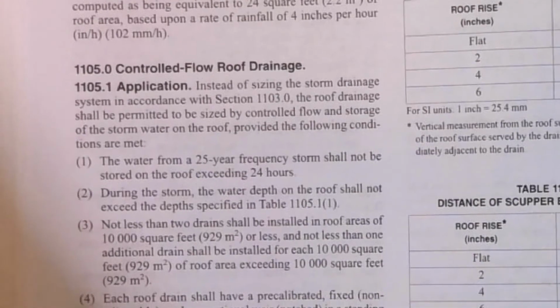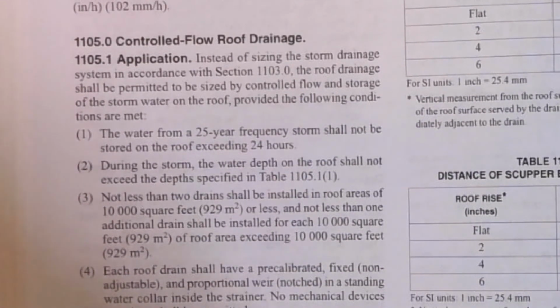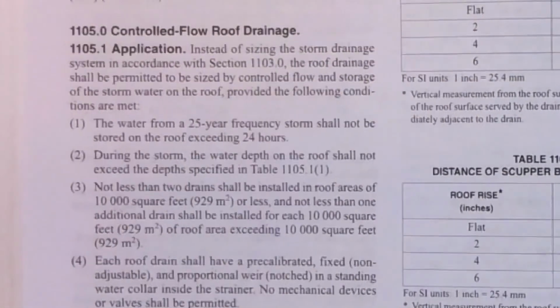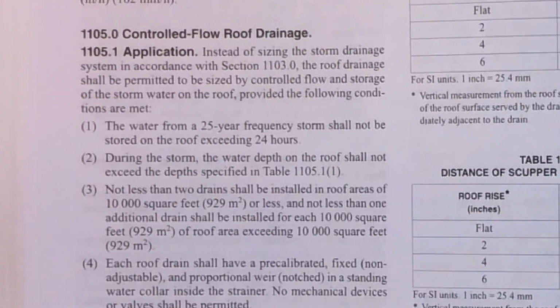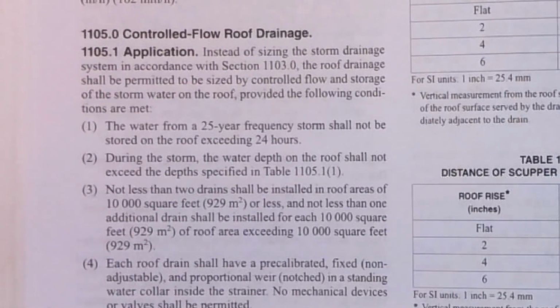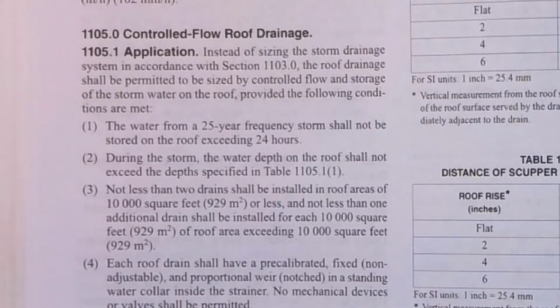Controlled flow roof drainage. Instead of sizing the storm drain system in accordance with section 1103, which most people do, the roof drain shall be permitted to be sized by controlled flow and storage of stormwater on the roof, provided the following conditions are met.